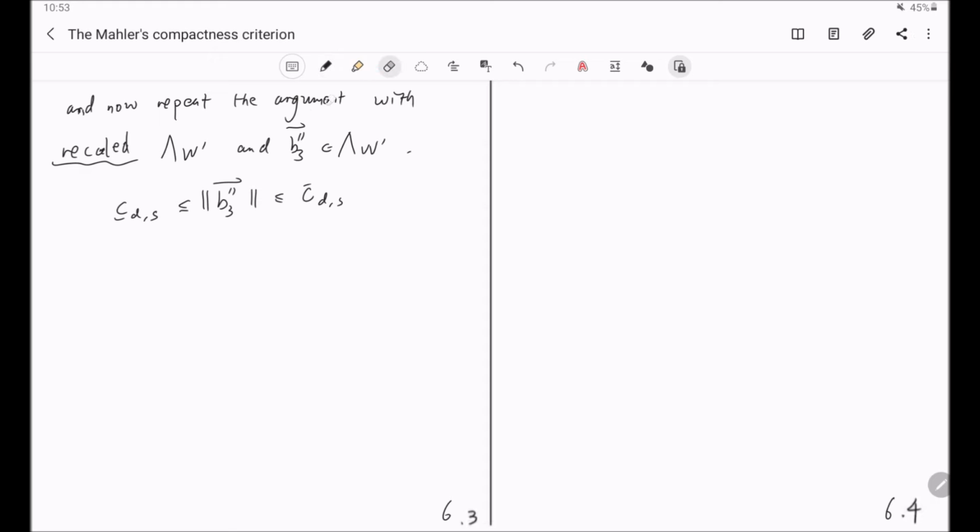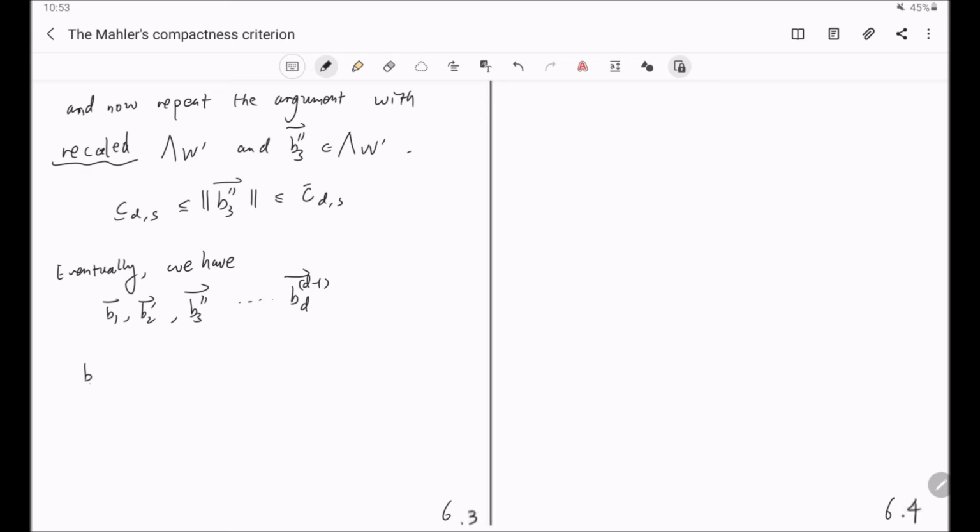Now, we'll repeat this argument over and over again. Eventually, we'll get the following. Eventually, we have a sequence of vectors B1, B2 prime, B3 double prime, all the way to BD, D minus 1 primes.